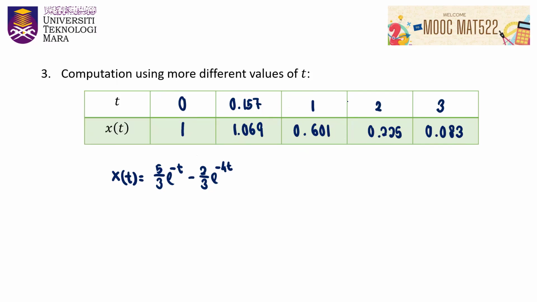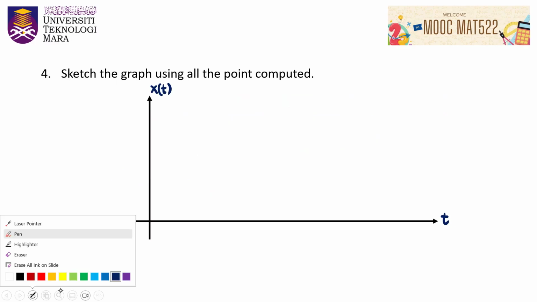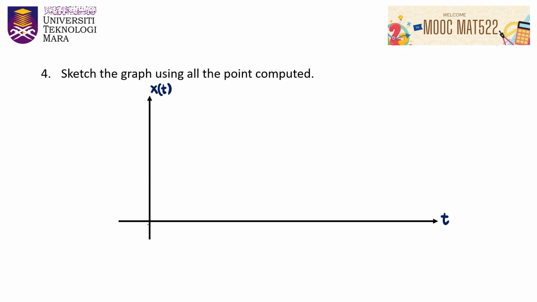And finally, we can plot all these points on a graph, using the horizontal axis t and the vertical axis x of t. Simply indicate all the points that we found just now. When t is 0, we have the x value of 1. And then the critical point 0.157 has the highest point of 1.069.